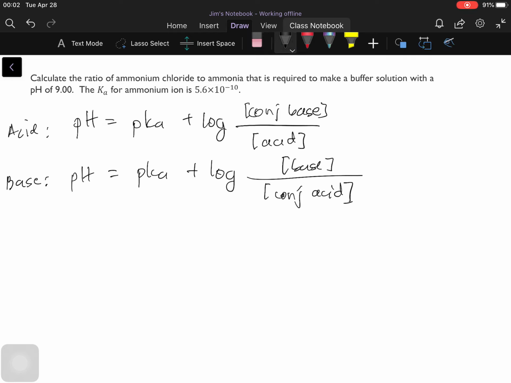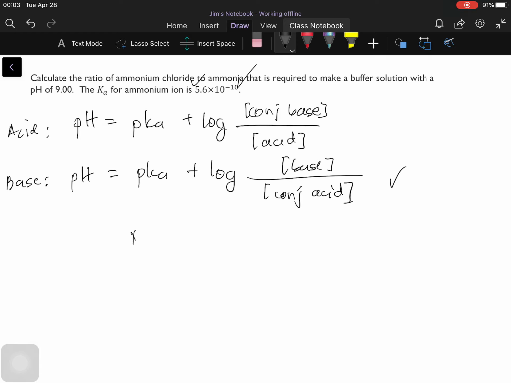So let's look at the problem. So we are asked to look for the ratio of ammonium chloride and ammonia. Okay, so what do we know about the two? They are base. Okay, so we're going to use the base equation. However, let's try to check the problem.